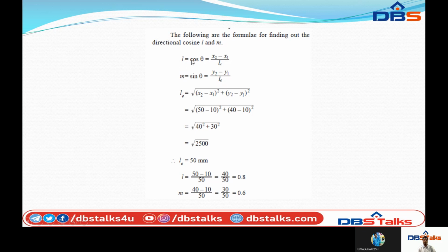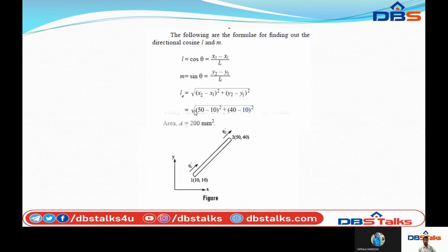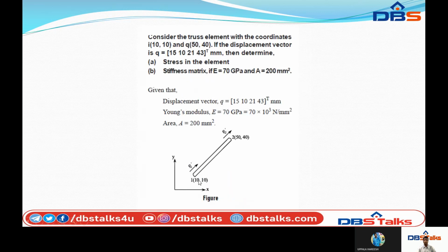Then L equals cos theta, that equals x2 minus x1 by LE. M equals sin theta, y2 minus y1 by LE. Then we have the formula for finding the length: square root of x2 minus x1 whole square plus y2 minus y1 whole square. We already know the coordinate points.